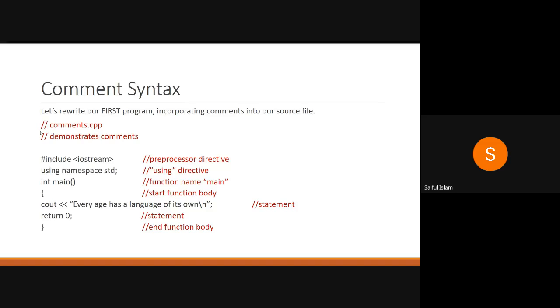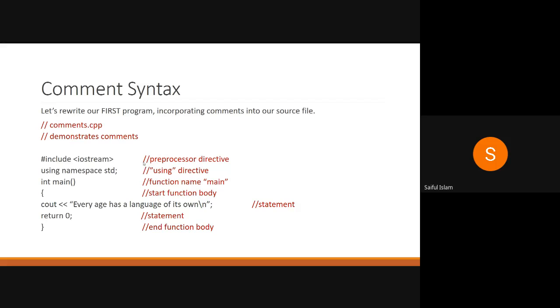What are you using? The double slash. Anything following this will be ignored by the compiler. This means the line is removed from the compilation process. Look at the second case: hash include iostream followed by a double slash.